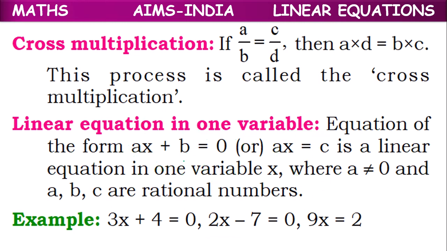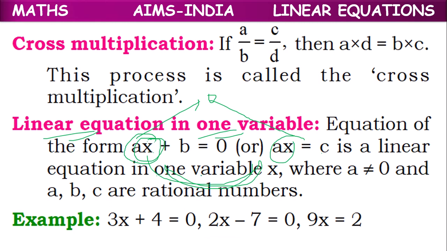But if a equals 0, then 0 into x becomes 0 and there will be no x term, no unknown quantity. So these two equations are examples of linear equations in one variable.